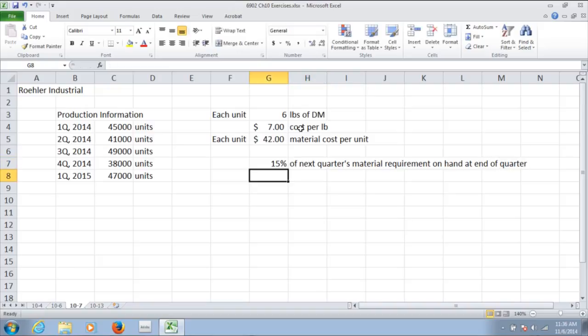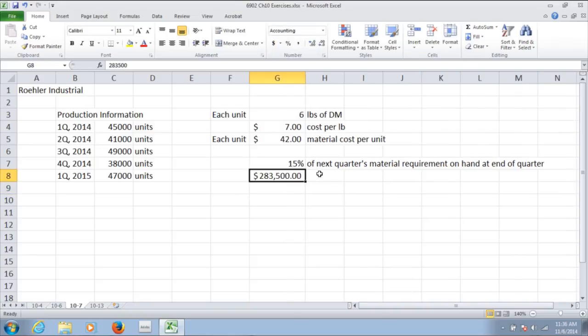And then we're also given information that at the beginning of 2014, we had a balance, so beginning 2014 / ending 2013 materials balance.